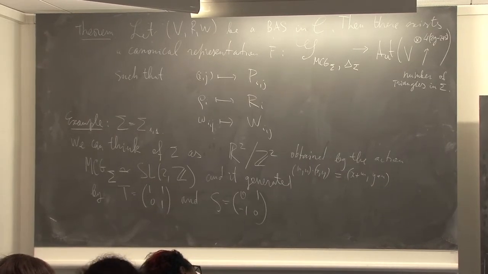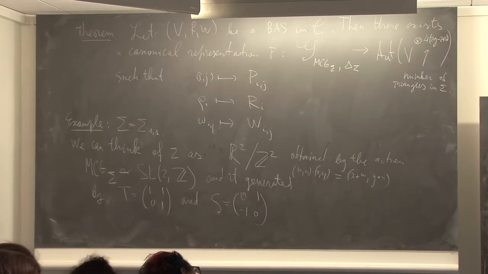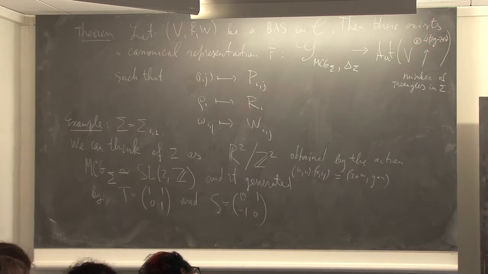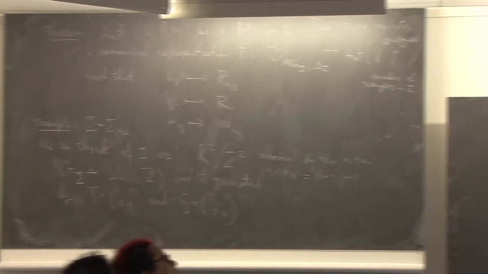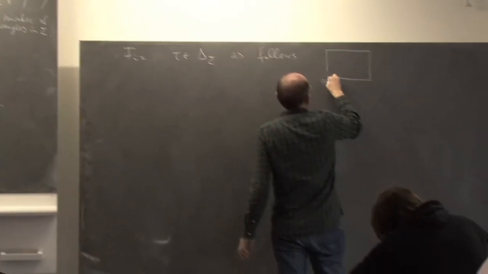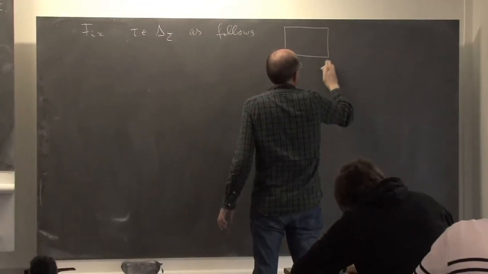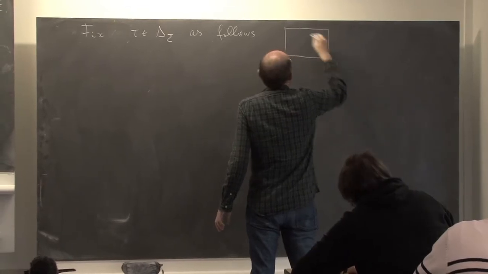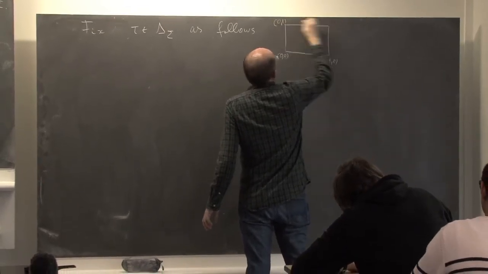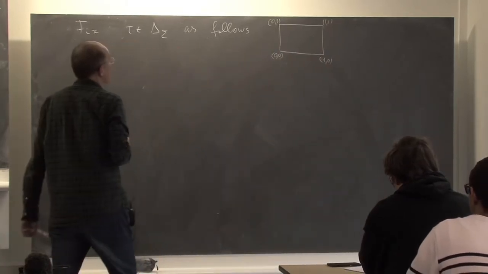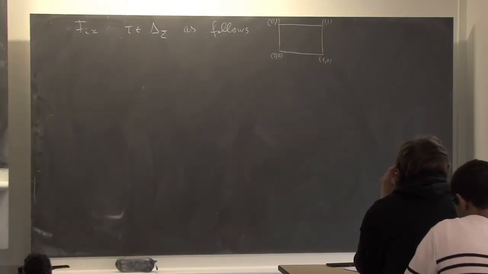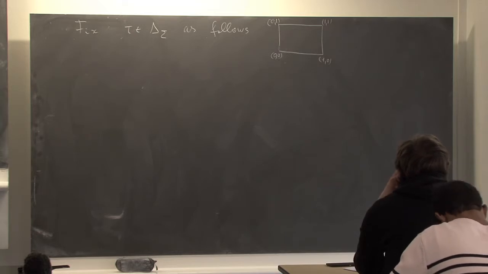Fix tau as follows. So we have a fundamental domain given by the vertices in the integer lattice. And let me look in my notes to, yeah.